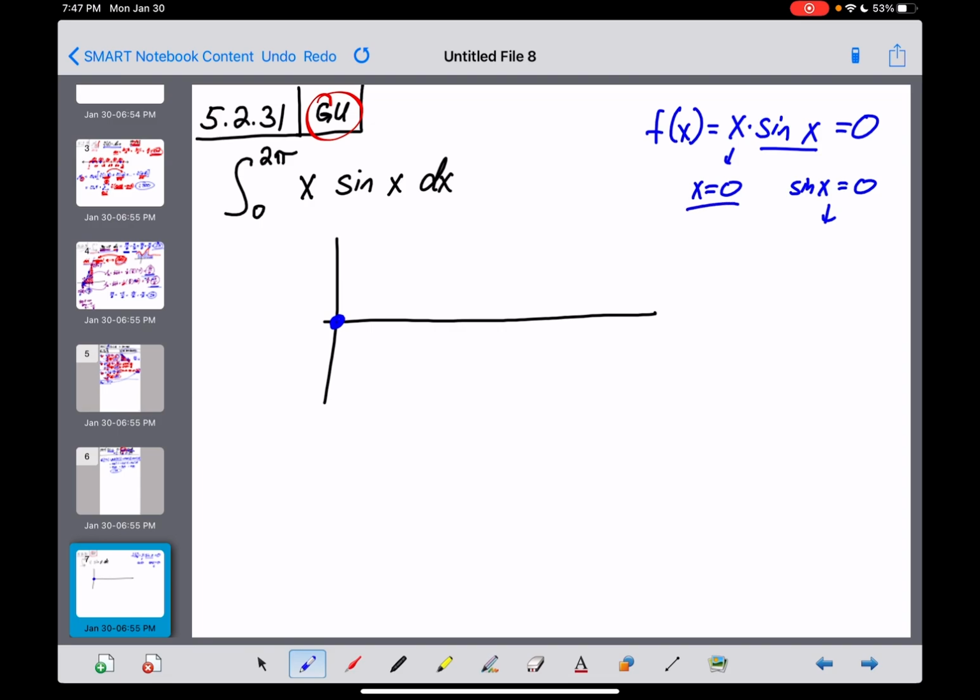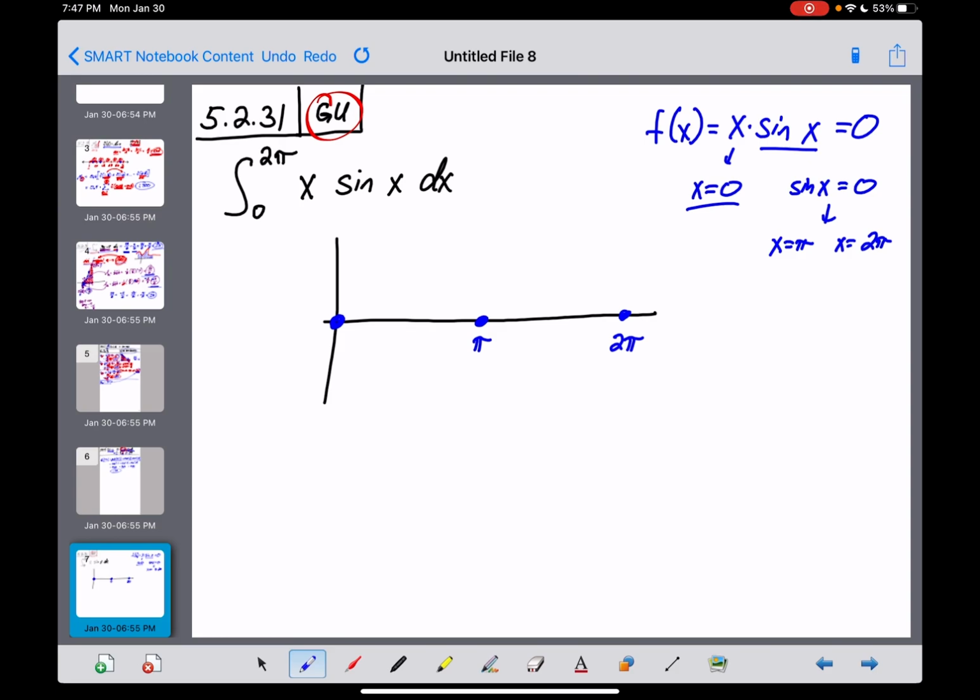That happens at 0, which we already listed, but it also happens when x is equal to pi and when x is equal to 2 pi, which happens to be where we're ending this thing. So this graph is going to have some nice x-intercepts right here at pi and another one over here at 2 pi.